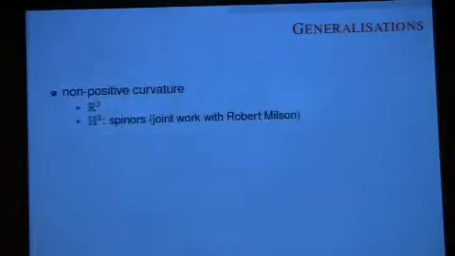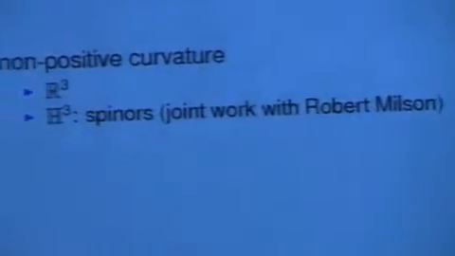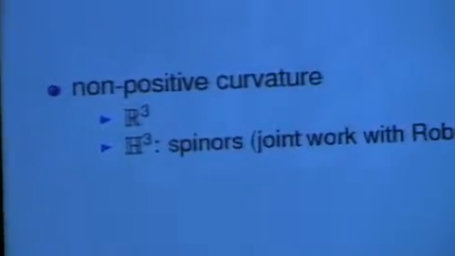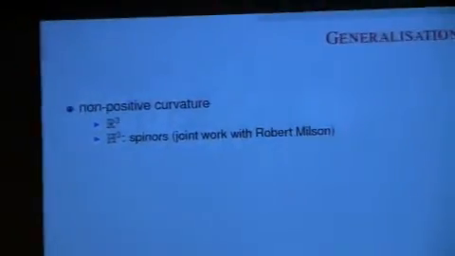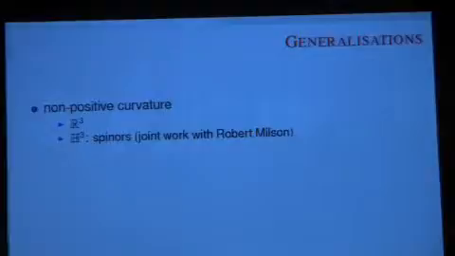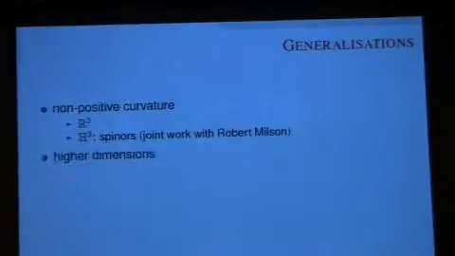Then you can try to solve this for negative curvature, for hyperbolic space. And using spinors, at the end, this involves the Petrov classification for Riemannian curvature tensors. This is joint work with Robert Milson from Halifax.